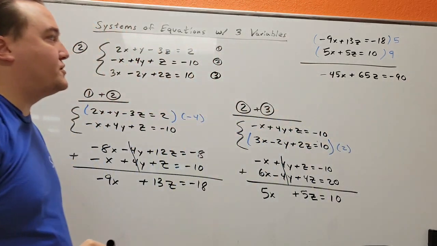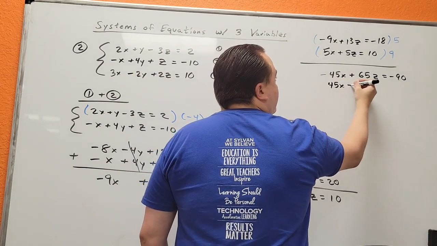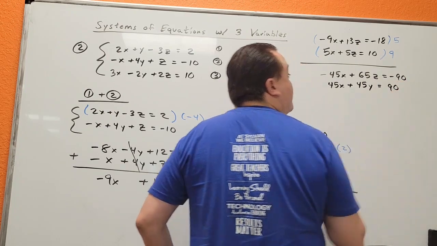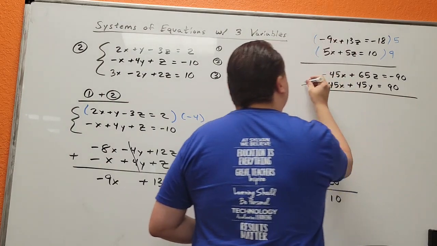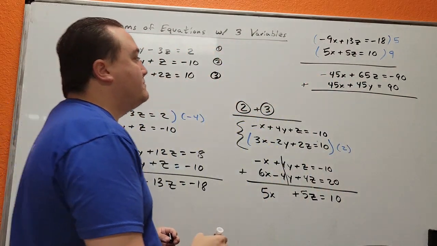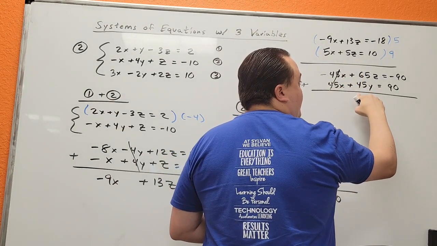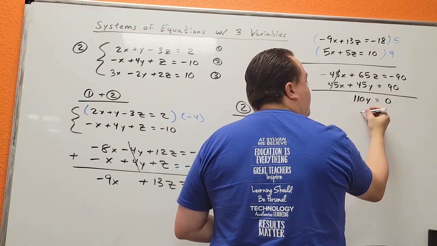That was the first equation. Second equation is positive 45x plus 45y equals 90, which is going to give us a nice answer when we add those together. Those cancel out like we wanted. 65 and 45 make 110y, but it equals 0, so y equals 0.